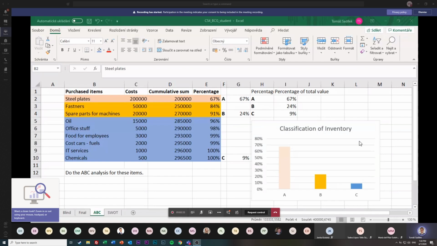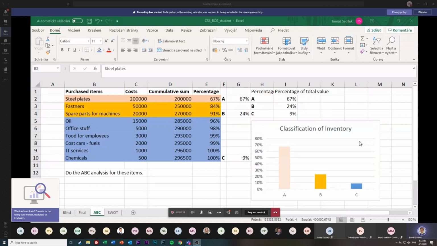Okay, and the B items are typically the complements to the A items, like fasteners used for production or spare parts for machines. They are not as price sensitive as A items, but still we have to check their prices. And here it is also important to keep a reasonable amount of inventory in stock.